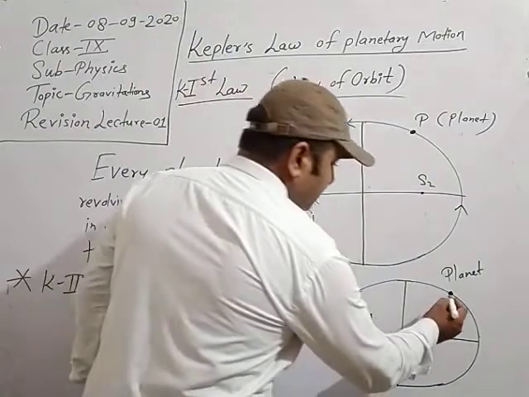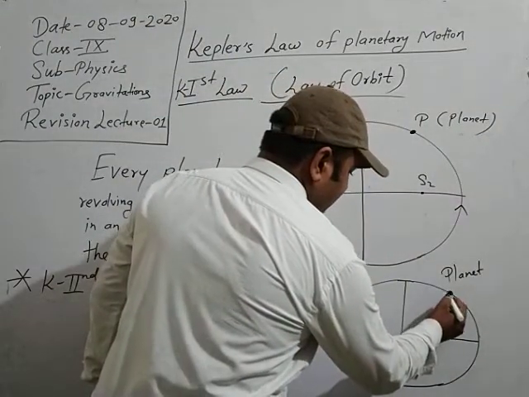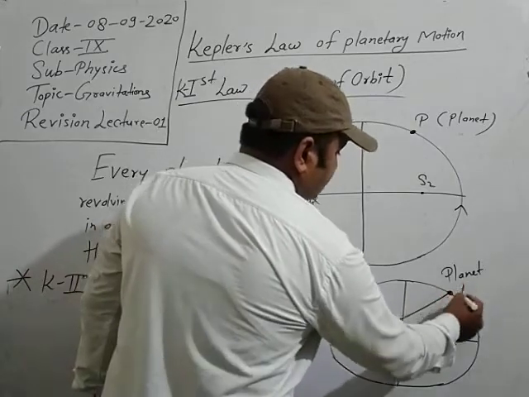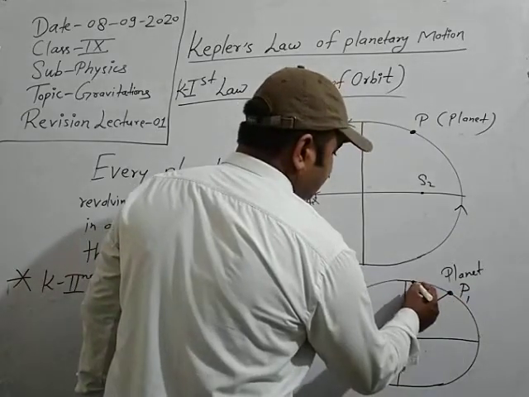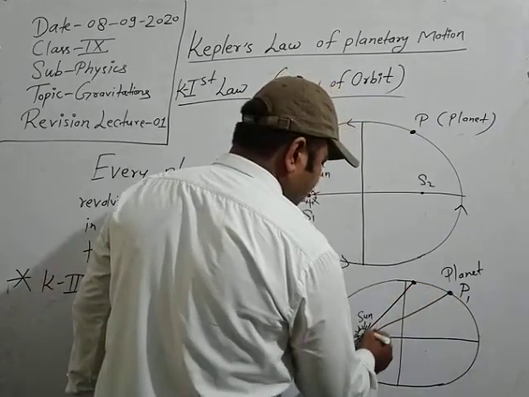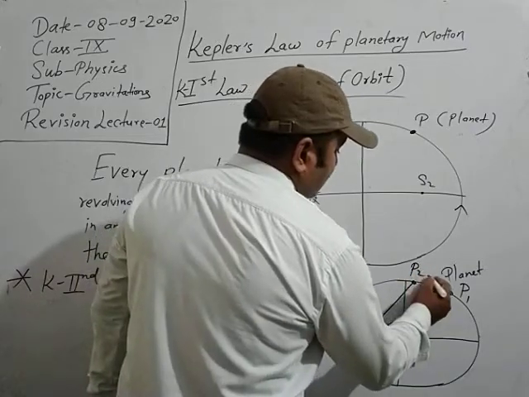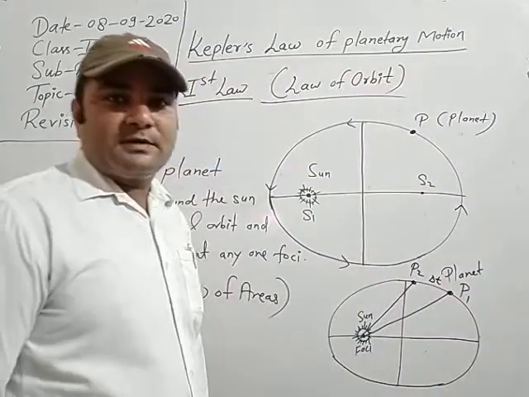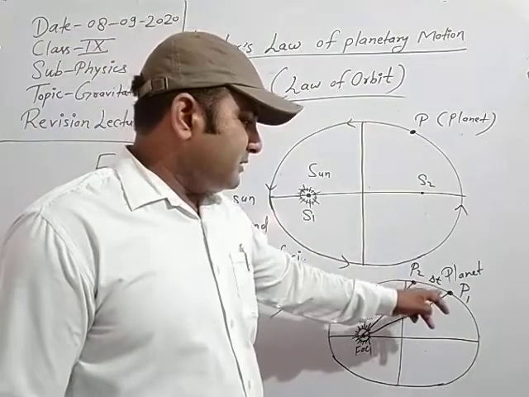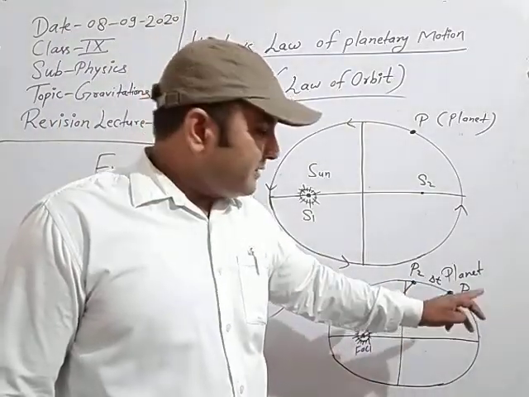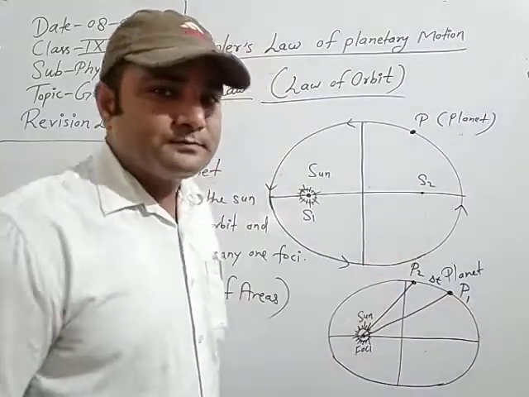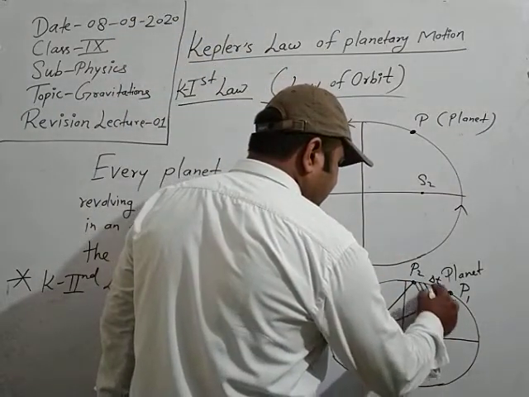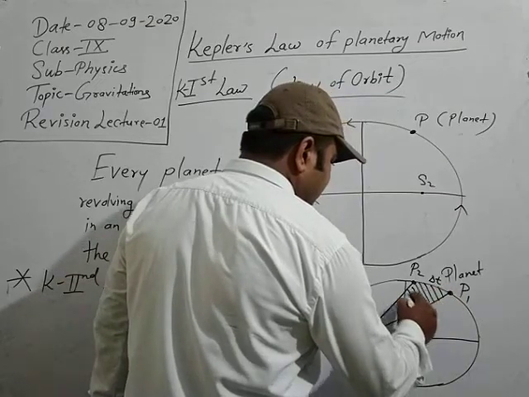See again, this is the planet concept. The line joining the planet to the sun. Suppose this position is P1, and during a time interval del t, the position of the planet changes from P1 to P2, and then the area covered by the planet, this saddle region area.